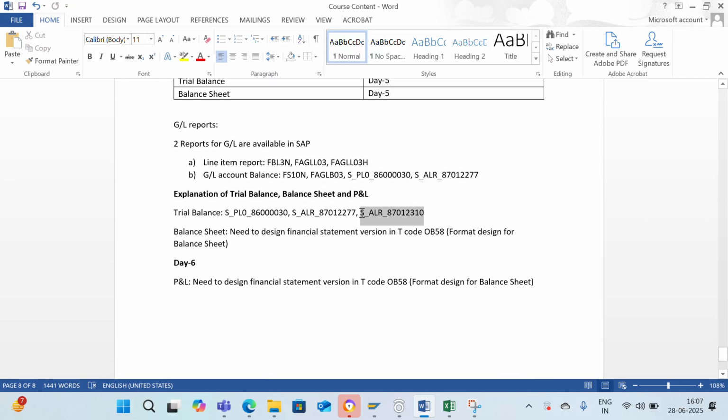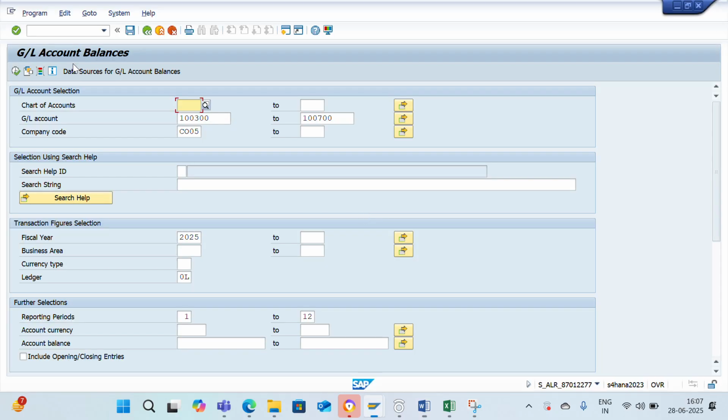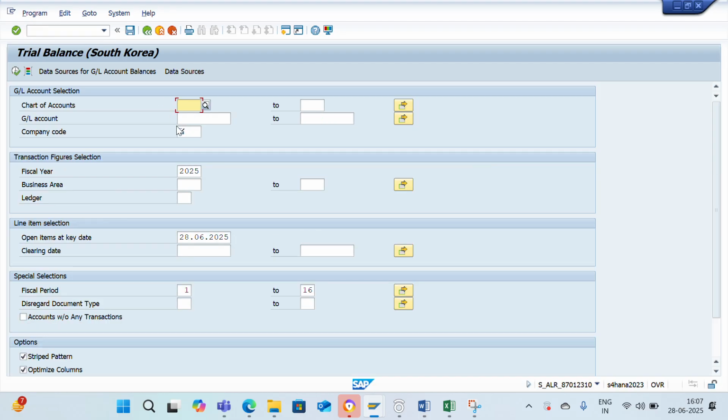Apart from this, we have another transaction. Let us see. Again, I am giving company code, fiscal year, and open item. As on this fiscal period, we have 1 to 12.